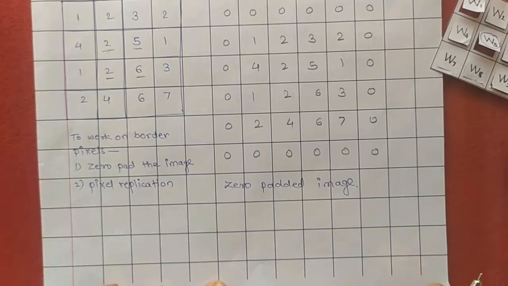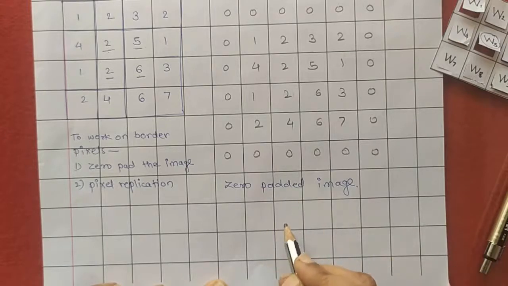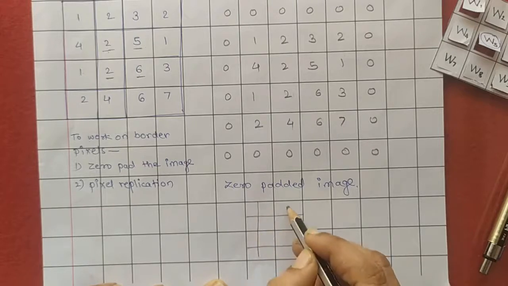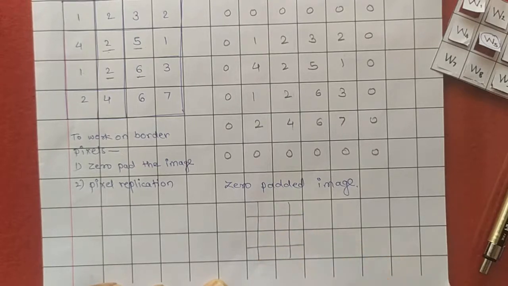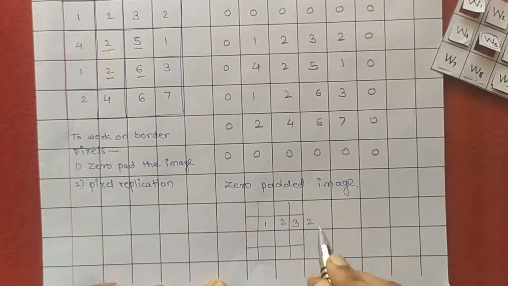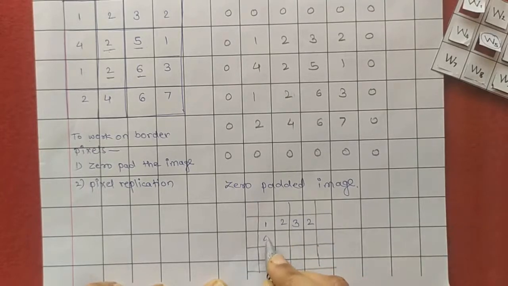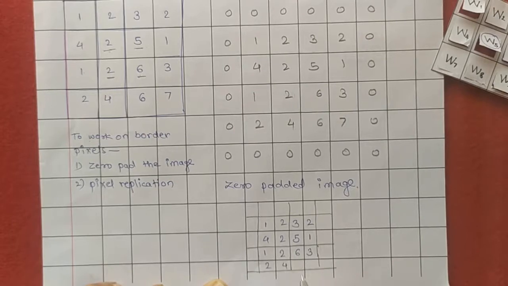And in case of pixel replication, we simply replicate the border pixels to the outside direction. I'll show you here, using a smaller array so that the space can be adjusted. It is 1 2 3 2, 4 2 5 1, 1 2 6 3, 2 4 6 7.